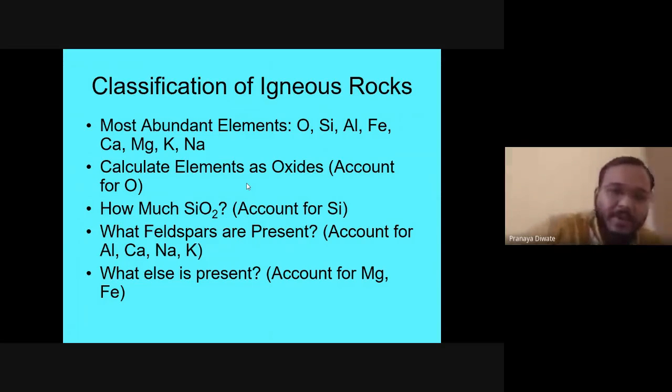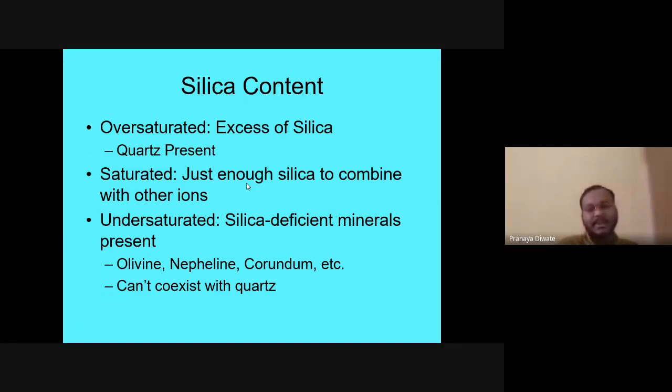First you have seen the genetic classification. Then, what is the silica percentage? That will decide whether the rock is oversaturated, saturated, or undersaturated. An excess of silica in any rock type is known as oversaturated.